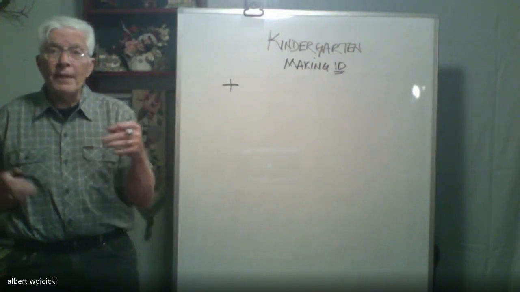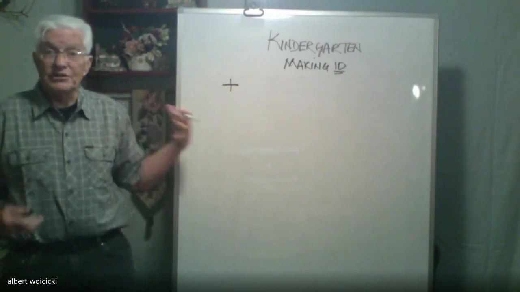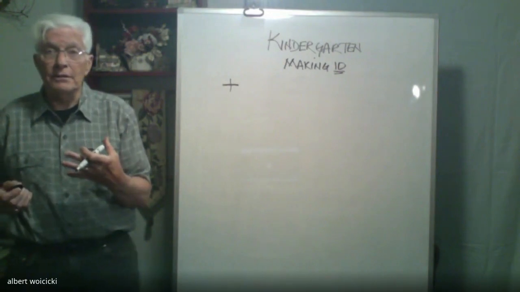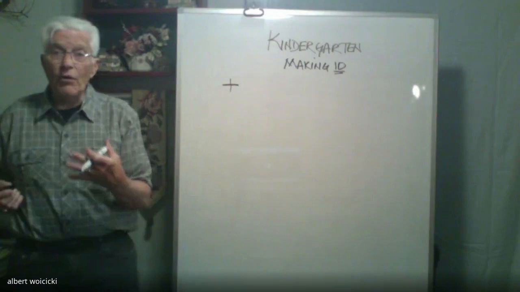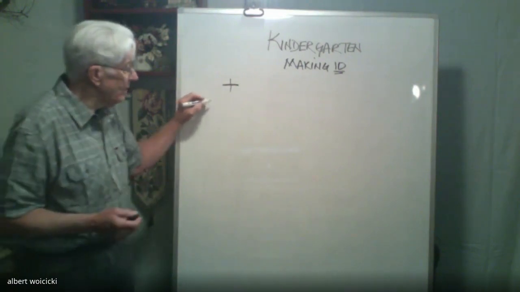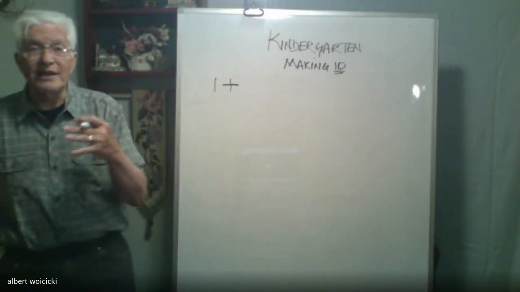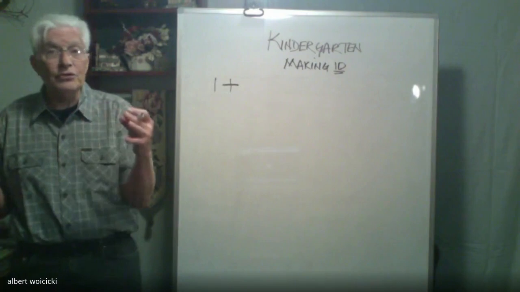Well, folks, what we're going to do is take our digits and add them together to make 10. So if I only start with the number 1, what other digit do I need to make 10? So I only can have 2 digits.